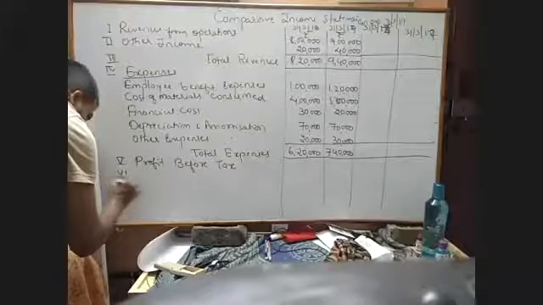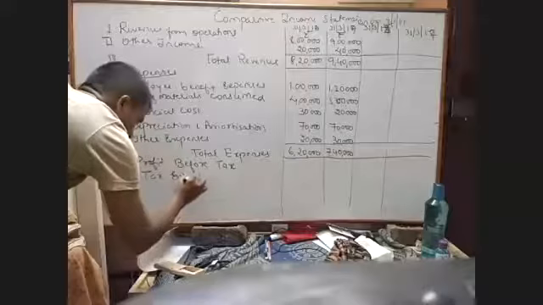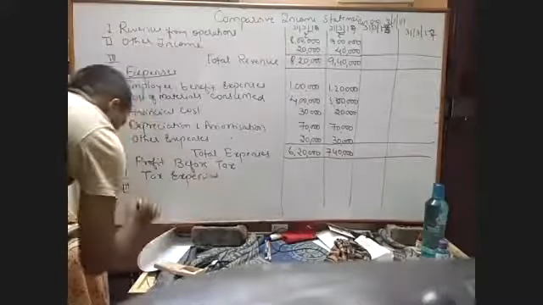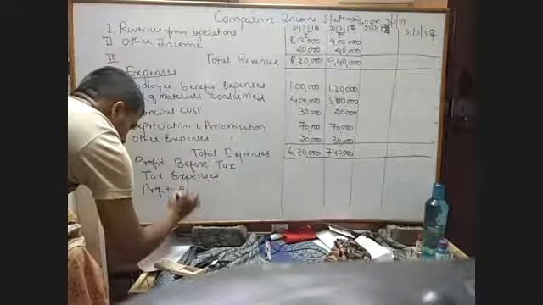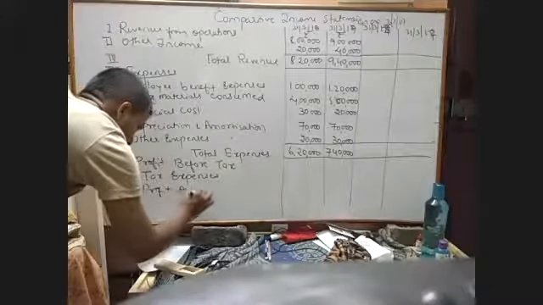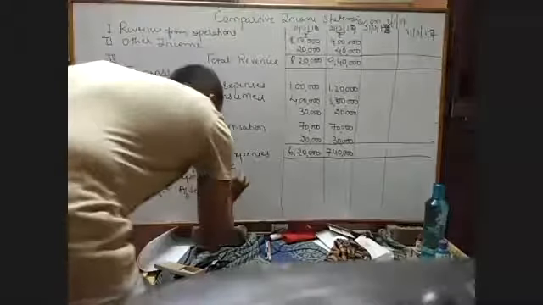I will write all the items once because writing again and again here is a problem. Roman 6 is tax expenses and Roman 7 is profit after tax, and tax expenses is 30%.